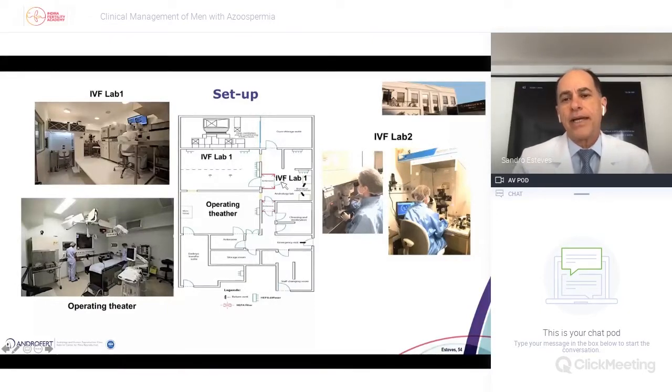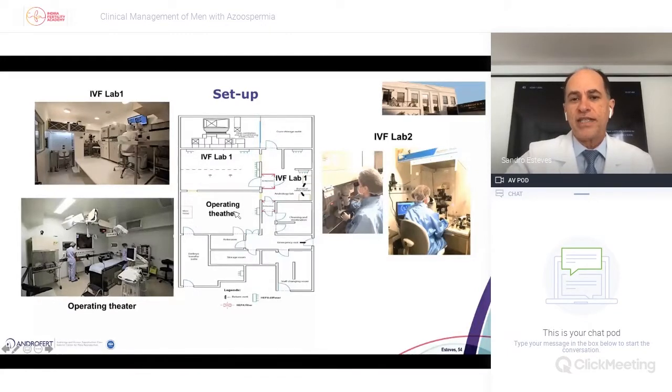These two IVF labs can work separately, one doing the routine ICSI and IVF work, and the other laboratory processing the specimens that I take from the microTESE. So these laboratories can work separately in a way that you optimize the workload.